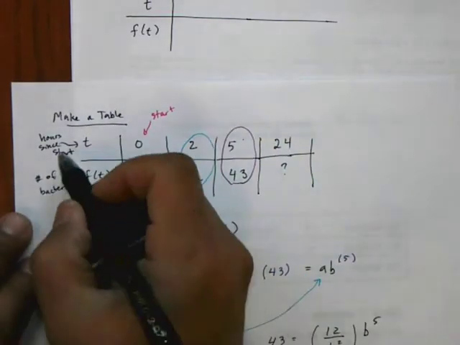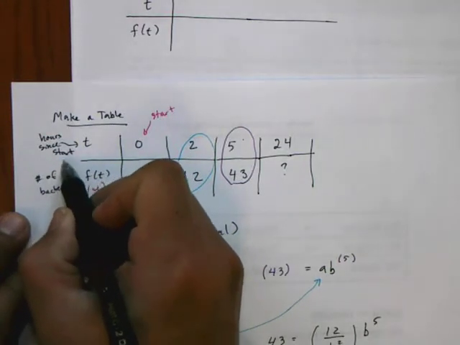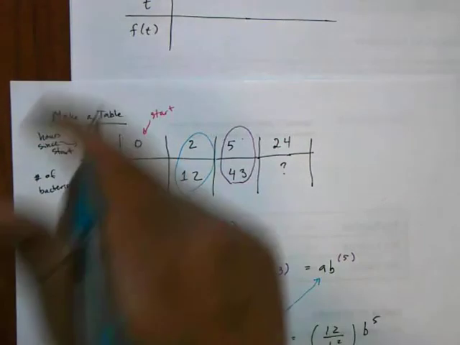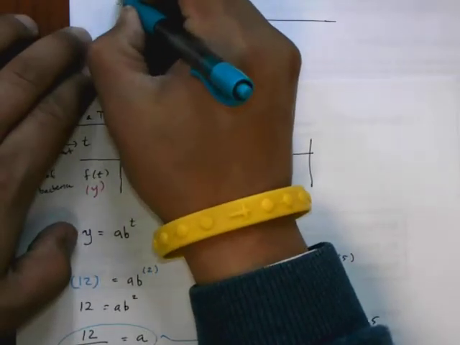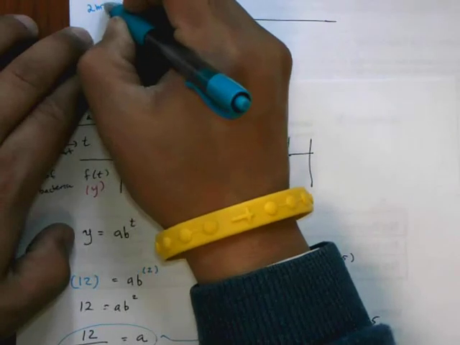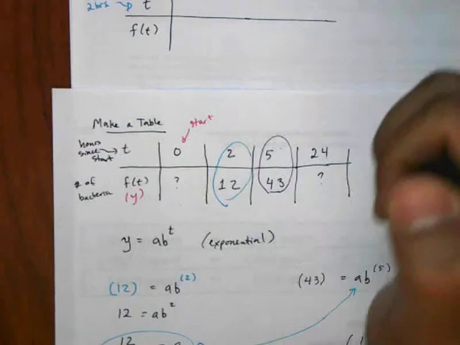And in our original problem, it says hours since start. I'm going to redefine this to say hours since 2 hours. And I know this seems really weird, but watch what becomes of this.